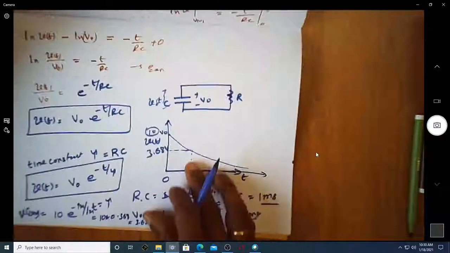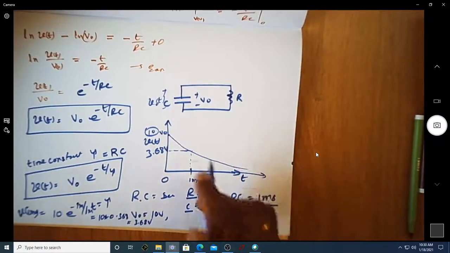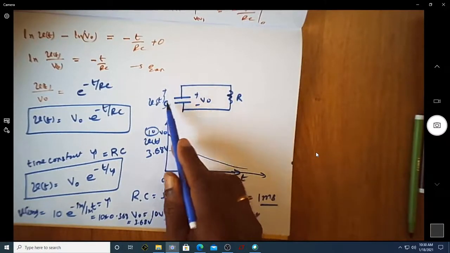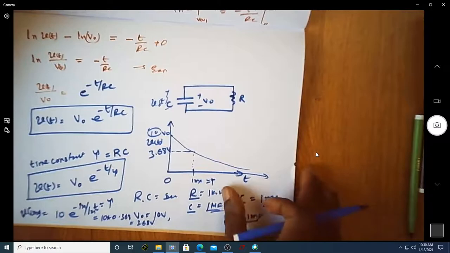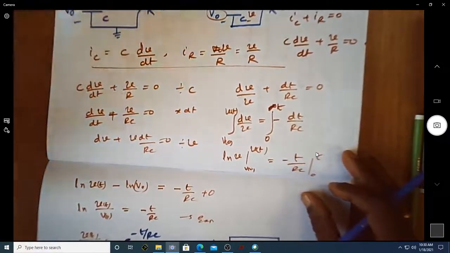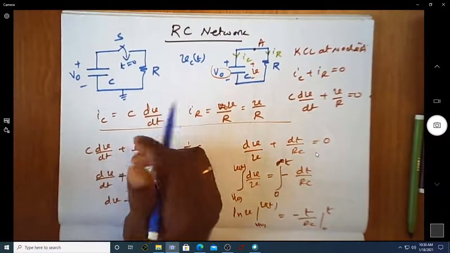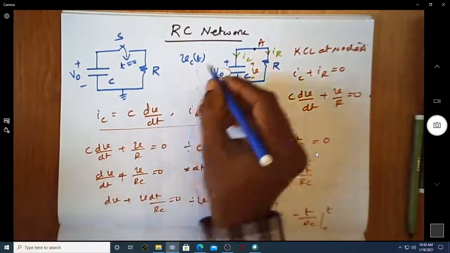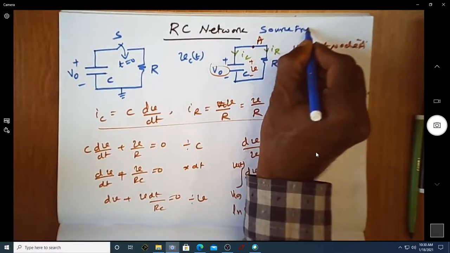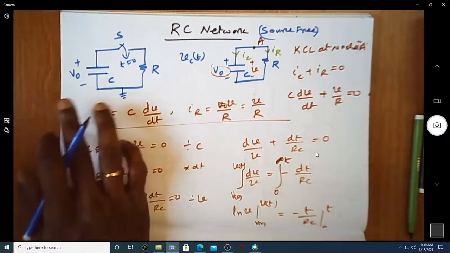So this is the graphical representation of the dissipation of voltage, that is, charge across the capacitor, which results in a capacitor voltage V of t. You can clearly note here that we don't have any source, so this type of RC network analysis is a source free analysis, because we don't have any voltage source connected to this circuit at all.